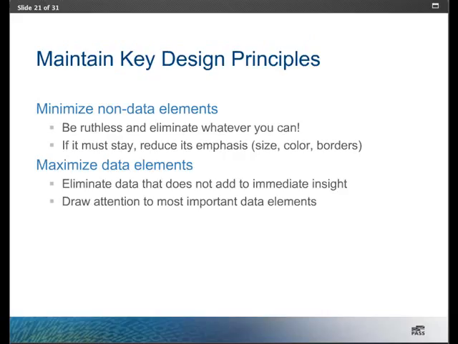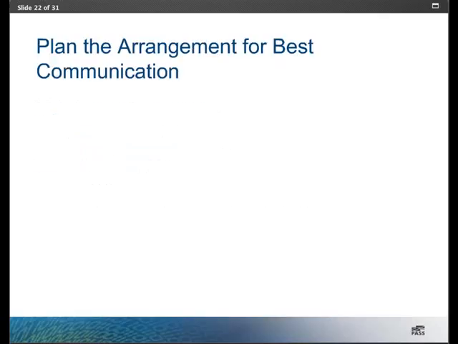Okay, so next we need to think about how information is arranged on the page. We're aiming for a single page, and the most important thing to think about as we're gathering information is that it needs to be related information. We don't want to have random things from all over the place.